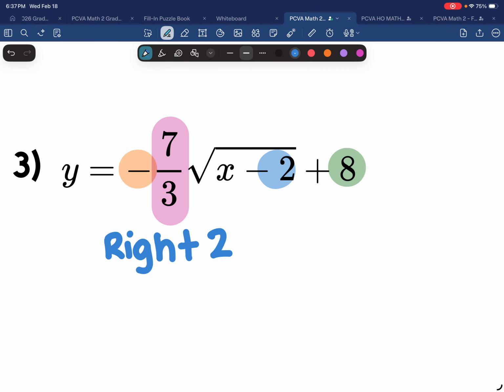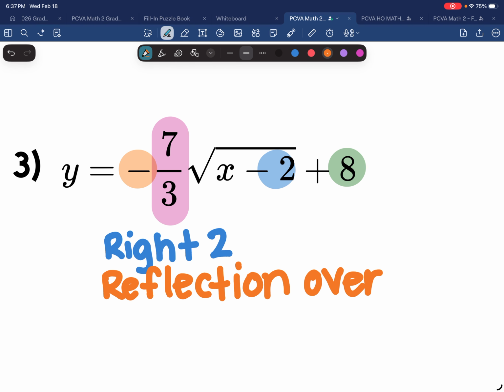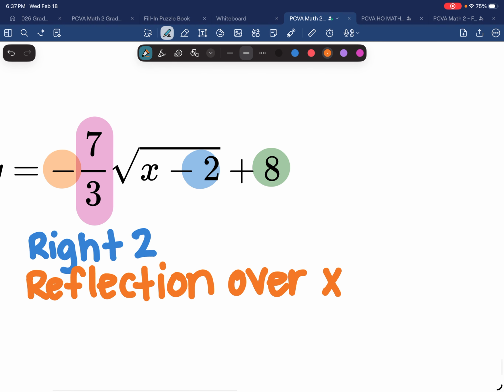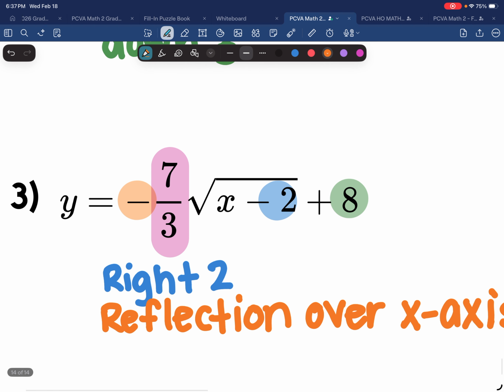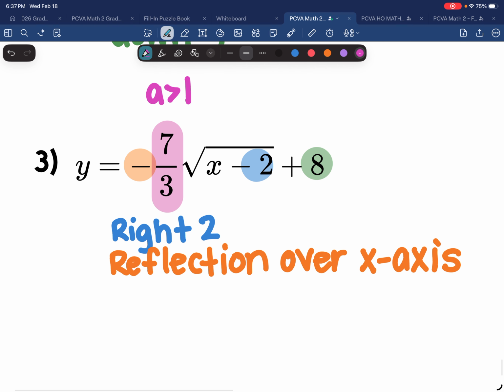So this negative in front means that we're going to have a reflection of the function, and it's going to be a reflection over the x-axis. All right, so when I have that reflection over the x-axis, then we're going to be looking at the 7/3. Now, 7/3 is an improper fraction, so actually that is going to give me a vertical stretch because it is greater than 1.